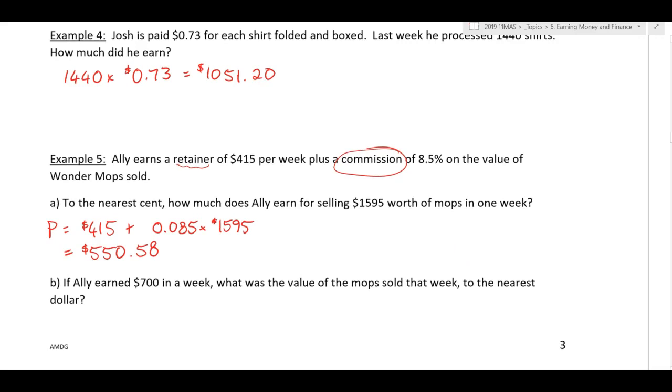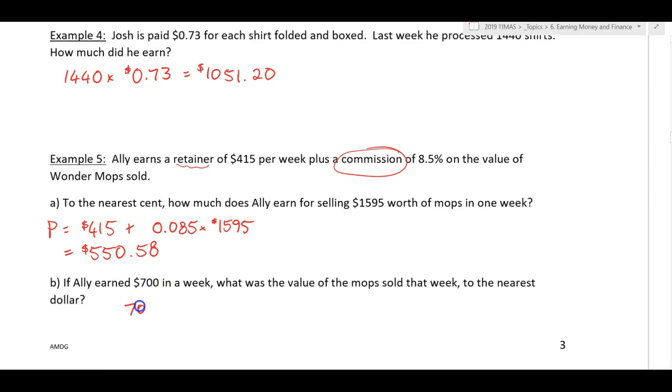Now, let's say that Ali earned $700 in the week, which is more than she earned in this week. So she must have sold more than this value of mops. How am I going to work this out? Well, I'm going to subtract the retainer first.